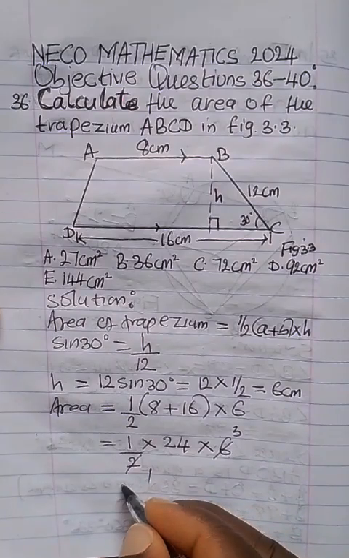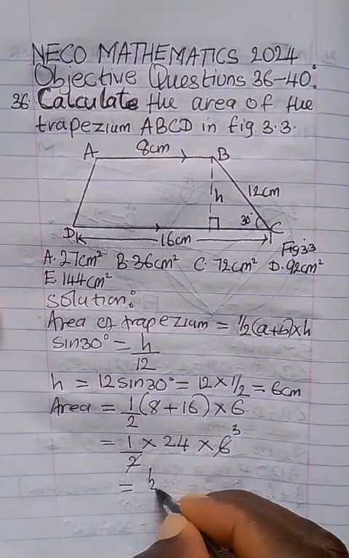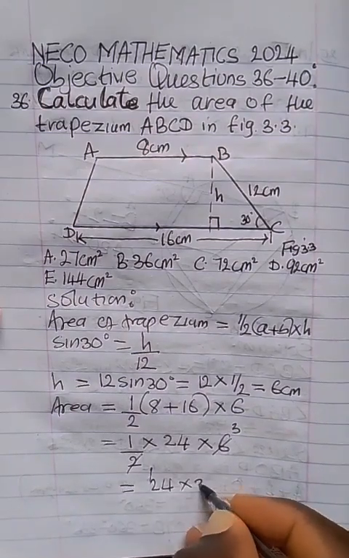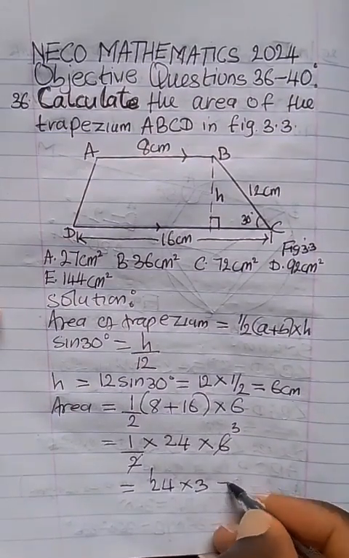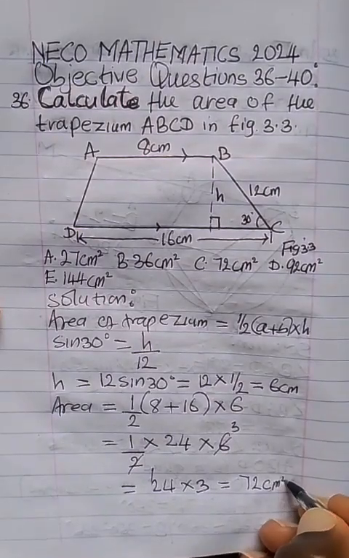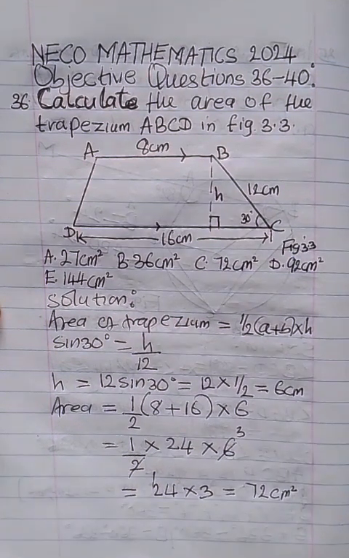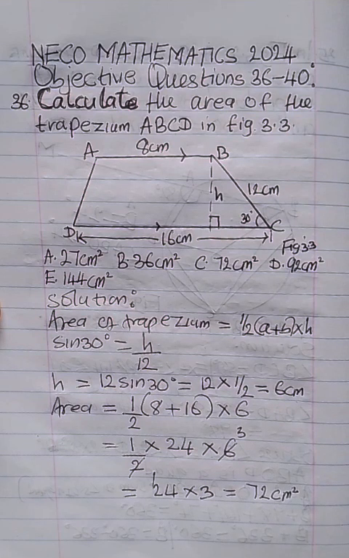If you multiply the remaining two values, you have 24 times 3, and that is 72 square centimeters. The correct option is C. That is option C.